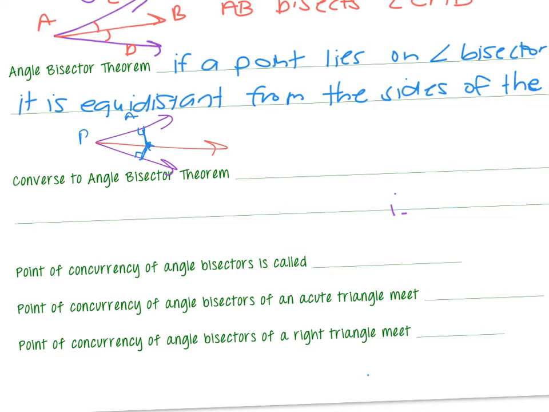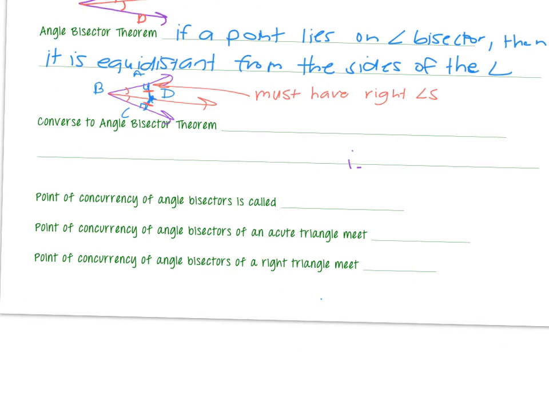So if this was A, B, C, D, okay, if BD was the angle bisector of angle ABC, then D is equidistant from the sides, or DA would be congruent to DC. But again, you have to have the right angles. So the angle bisector theorem says if a point lies on the angle bisector, it's equidistant from the sides.